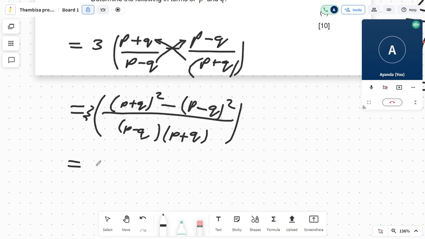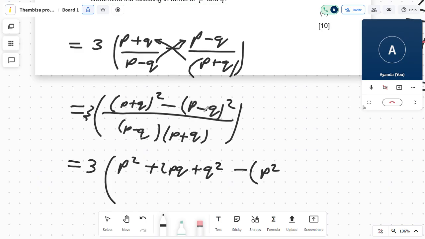Next, we're going to square the binomials. To square a binomial, you take the square of the first number. So this is going to give us p², 2 times the sum of the two terms. So p times q is pq, times 2 is plus 2pq, plus q². Minus, we can open a bracket. p times p is p². p times negative q is negative pq.